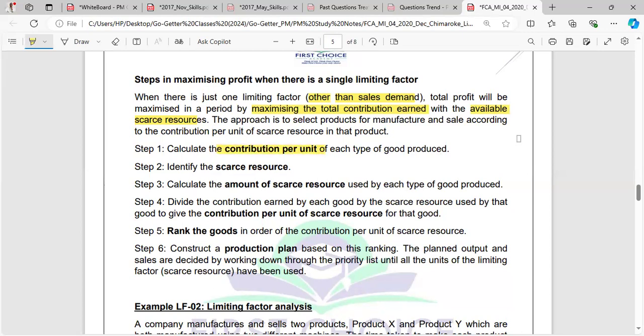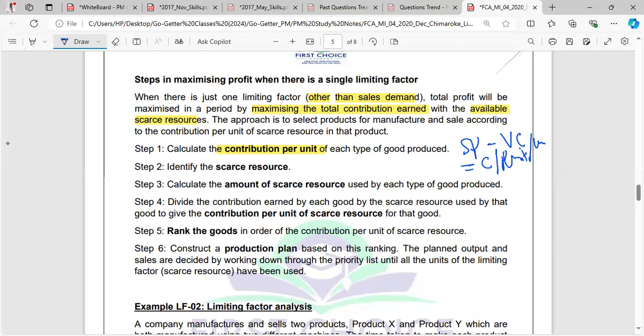How do you calculate your contribution per unit? You might do something like this: selling price minus variable cost per unit gives you contribution per unit.